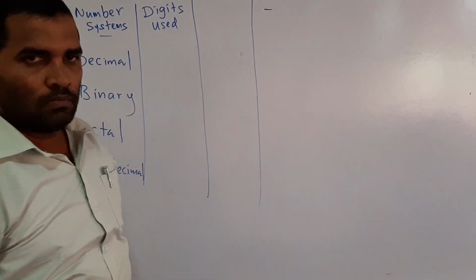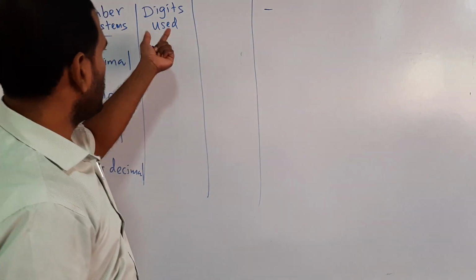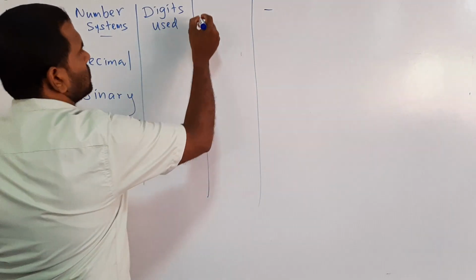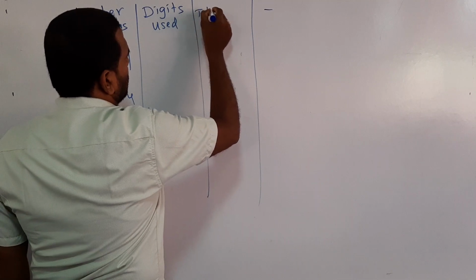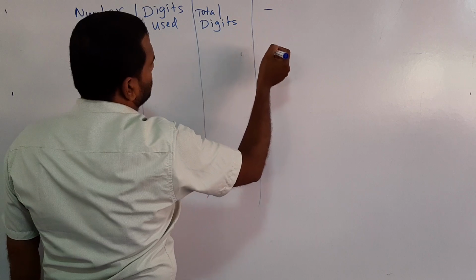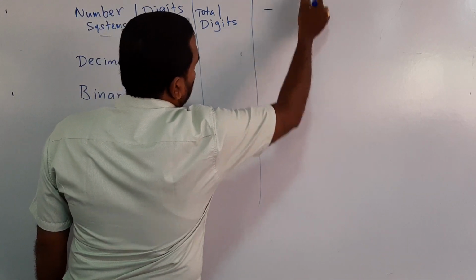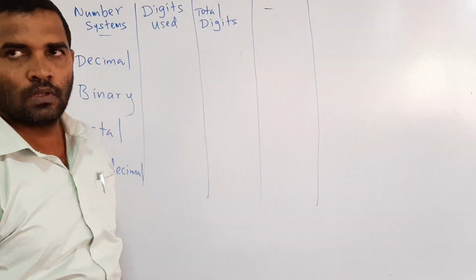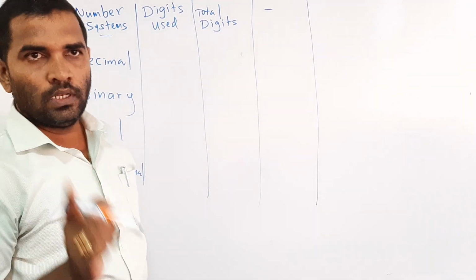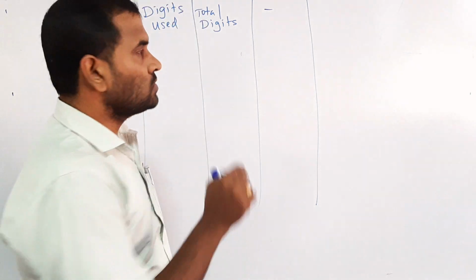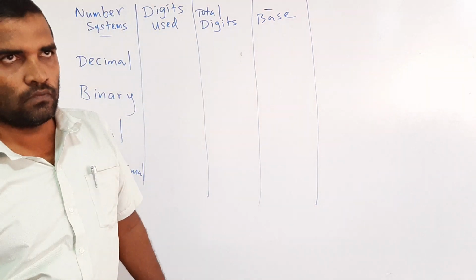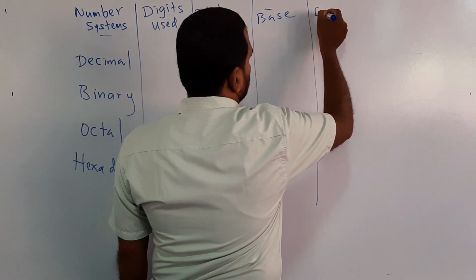Then in the next column should be the total number of digits used in every number system. So total digits. The next column would be the base value. Every number system has its base, so better write the base first. I will explain everything later. Finally, better to show some examples.